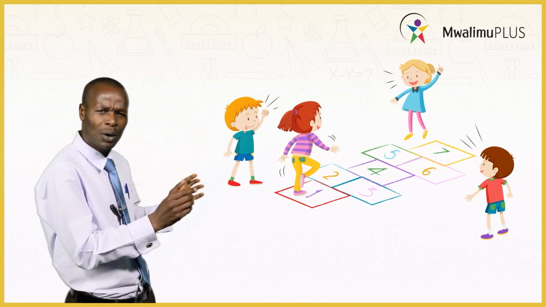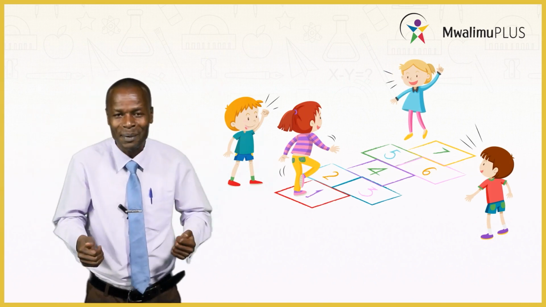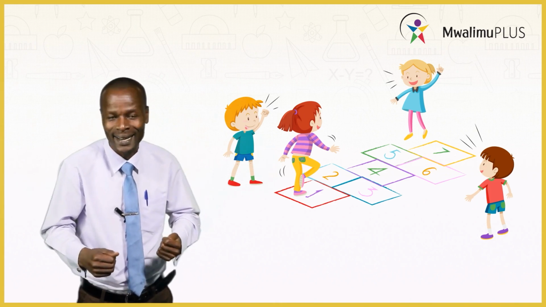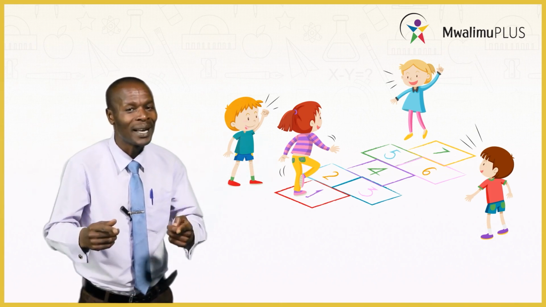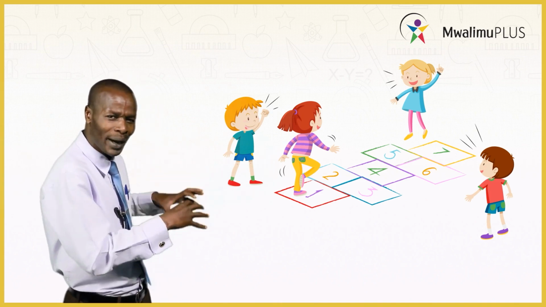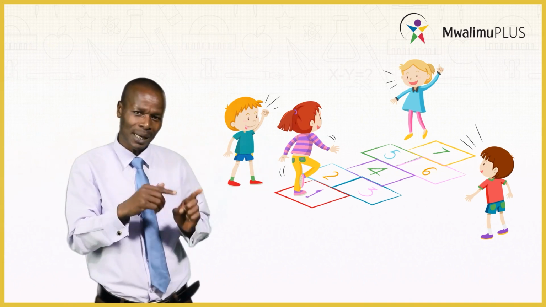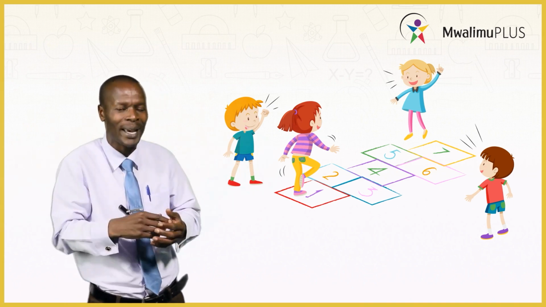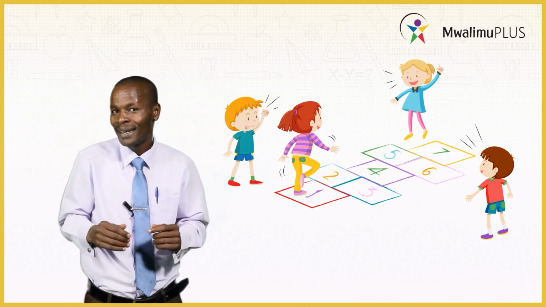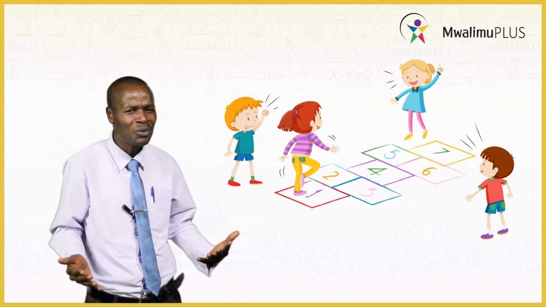These were about 8 squares where we used to jump using one leg. I'm very sure you play such games. If you stepped outside that square, there are some unique codes that we used to say, you've banned.